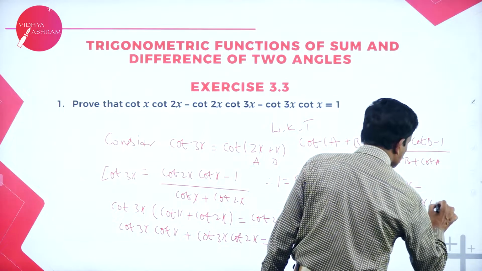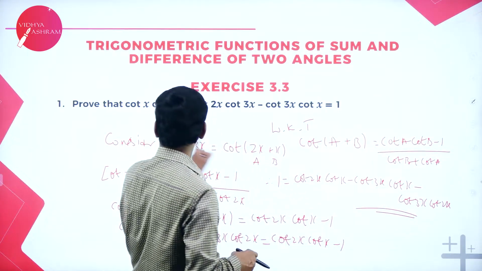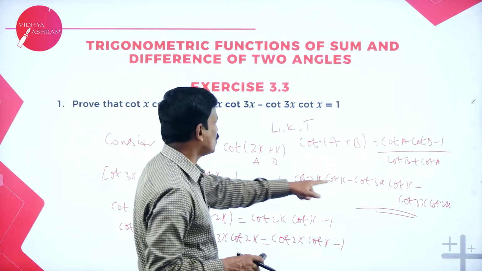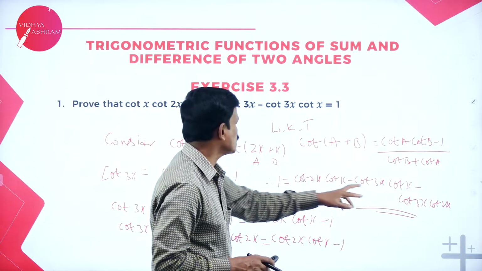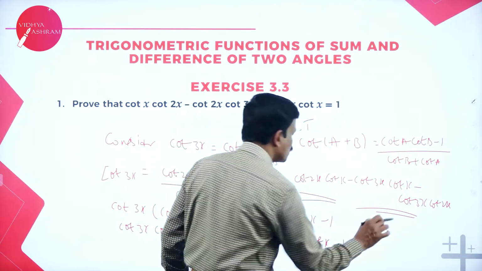See here. So, cot 2x cot x minus cot 2x cot 3x minus cot 3x into cot x is equal to 1, which is the required answer.